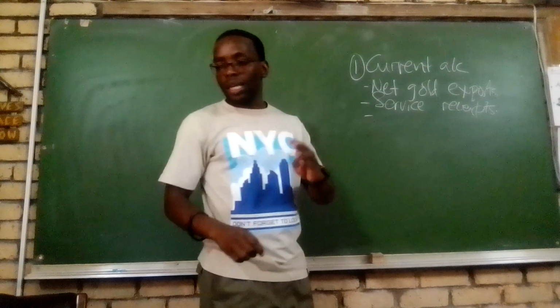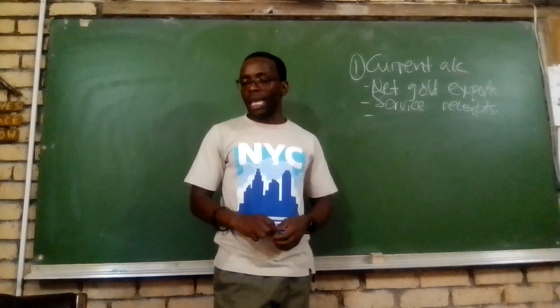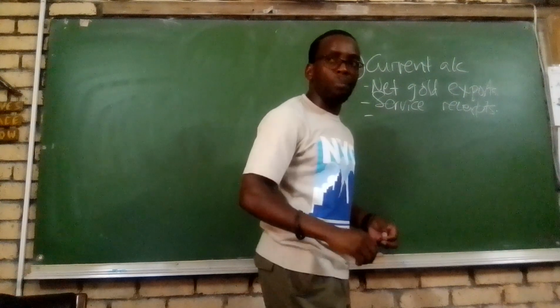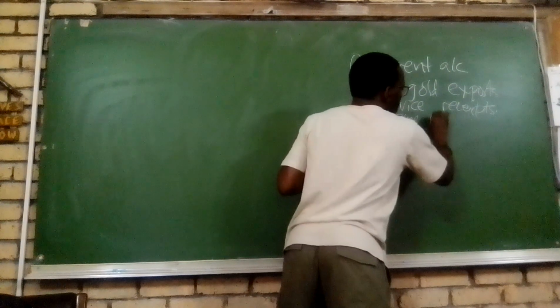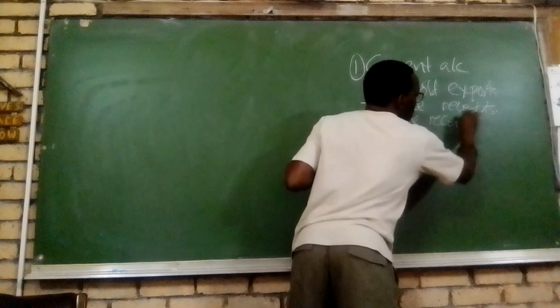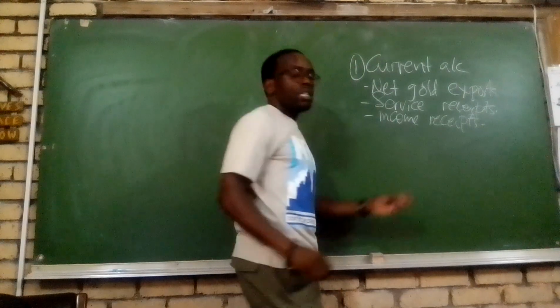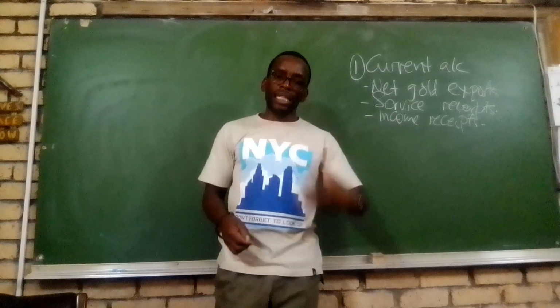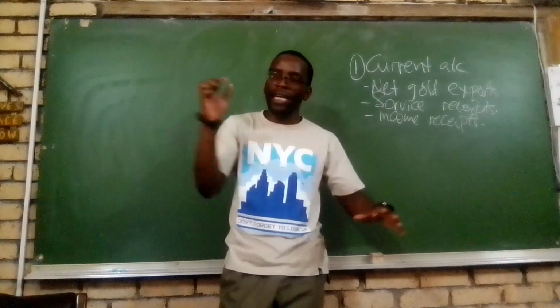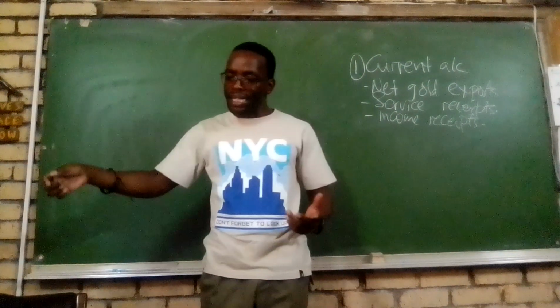The other thing that we are also going to be recording there is what we call income receipts. Okay, and in this particular case, I was looking at things like dividends that are declared by a South African company that is operating in the United States.